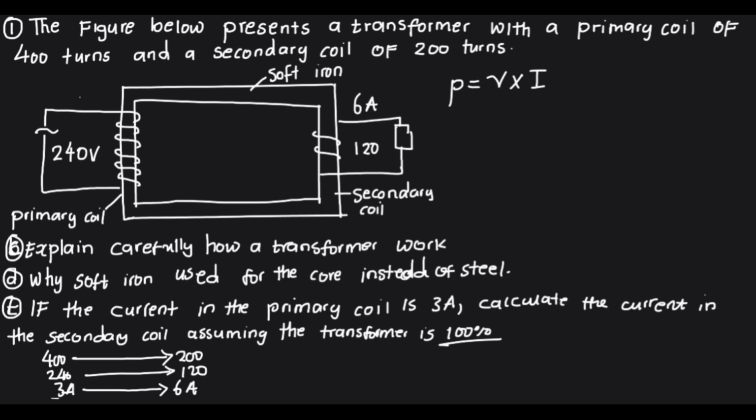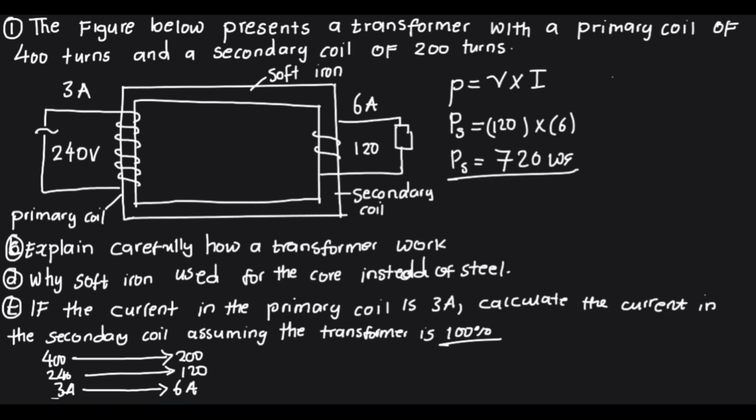On the primary, we have 240 volts and current of 3 amps. If we want to find the power on the secondary, which is the power output, it's 120 times 6, which gives us 720 watts.